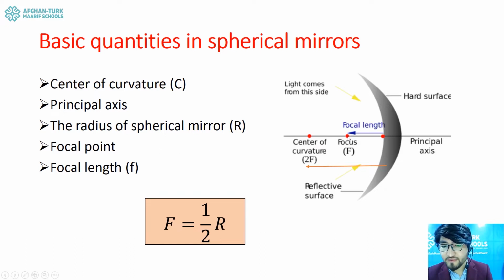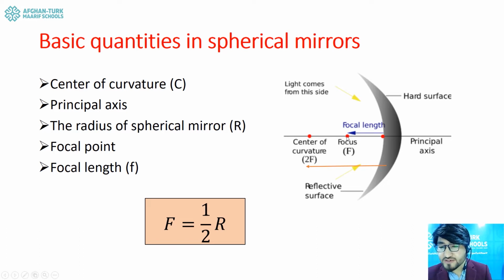This point. Focus is a point that converges the incident rays. When an incident ray comes and strikes the surface of the mirror, it reflects from the surface, and after reflection it passes through the focus.